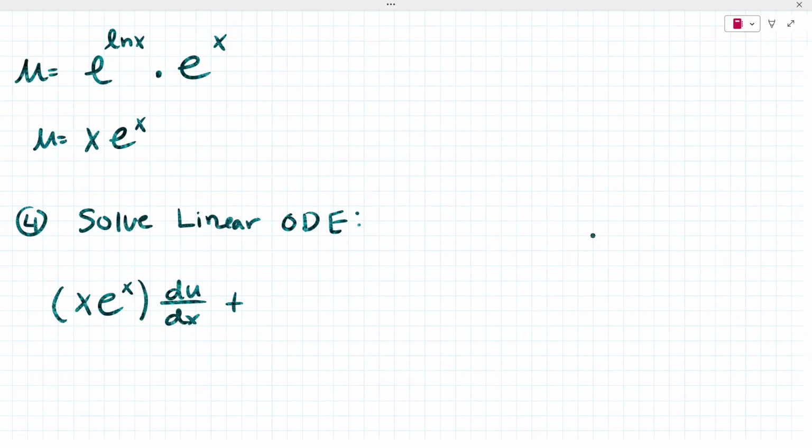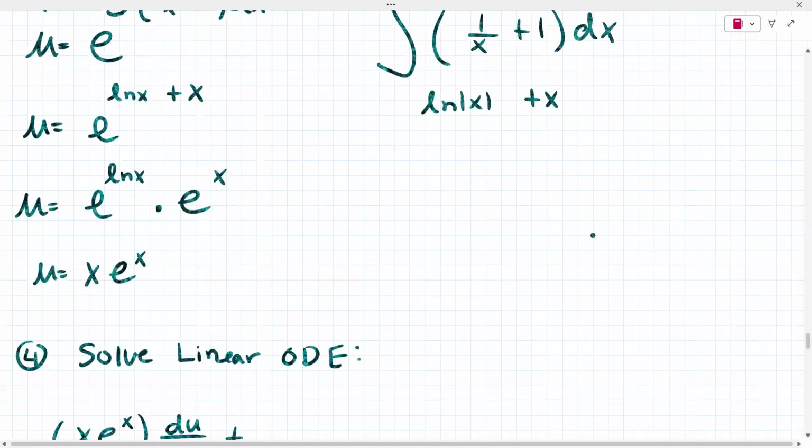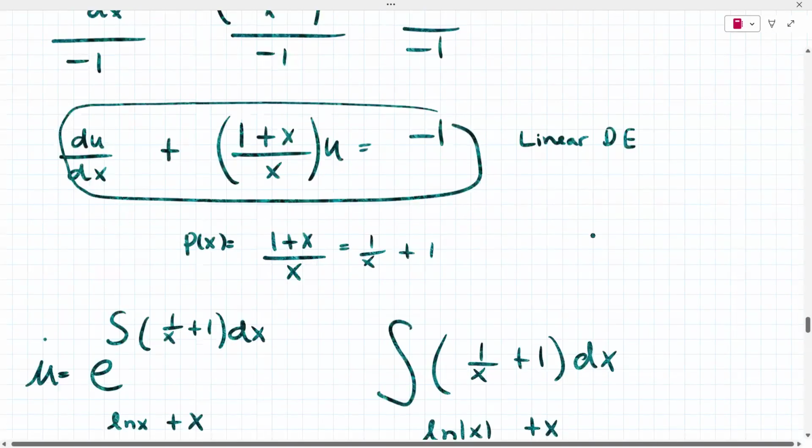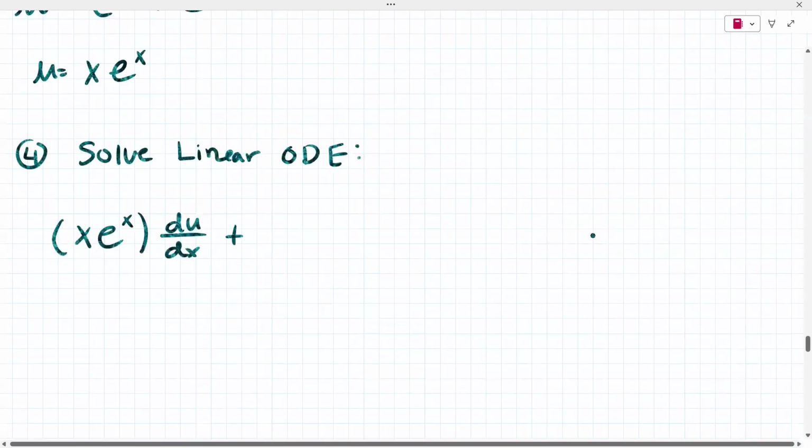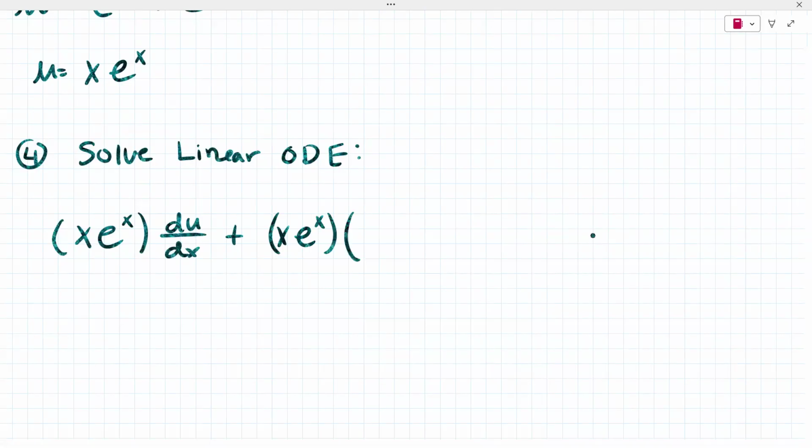So go back to here and multiply everything by mu. And you're going to get x e to the x times 1 plus x plus 1 of u equals x e to the x times -1.